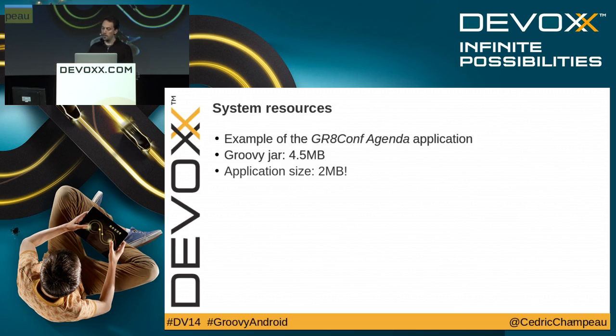But if you add the ProGuard tooling, ProGuard will analyze your code and eliminate all the unused code from the bytecode, from the jar, from the classes, etc. Well, I can reduce that to 1 megabyte.